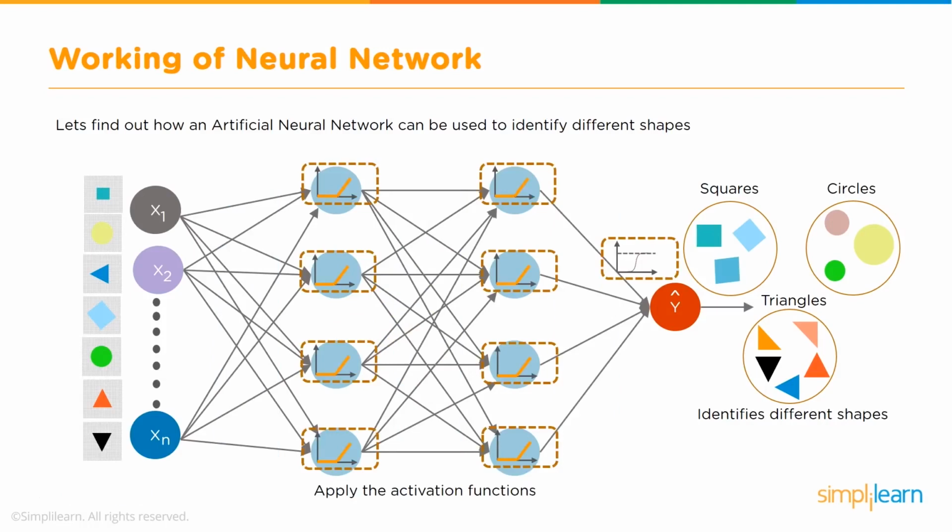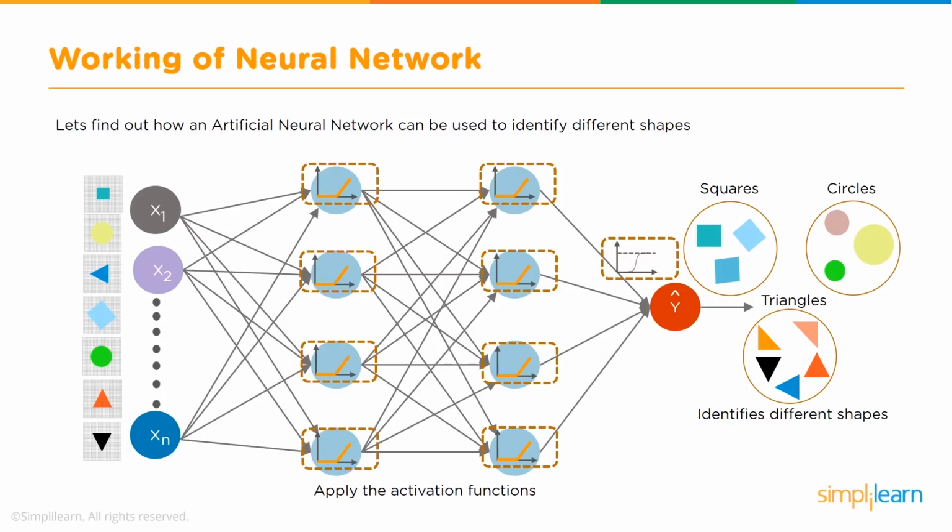Alright, then there is something known as the activation function. One of the components in neural networks is the activation function, and every neuron has an activation function, and there are different types of activation functions that are used. It could be a ReLU, it could be sigmoid, and so on and so forth. The activation function is what decides whether a neuron should be fired or not.